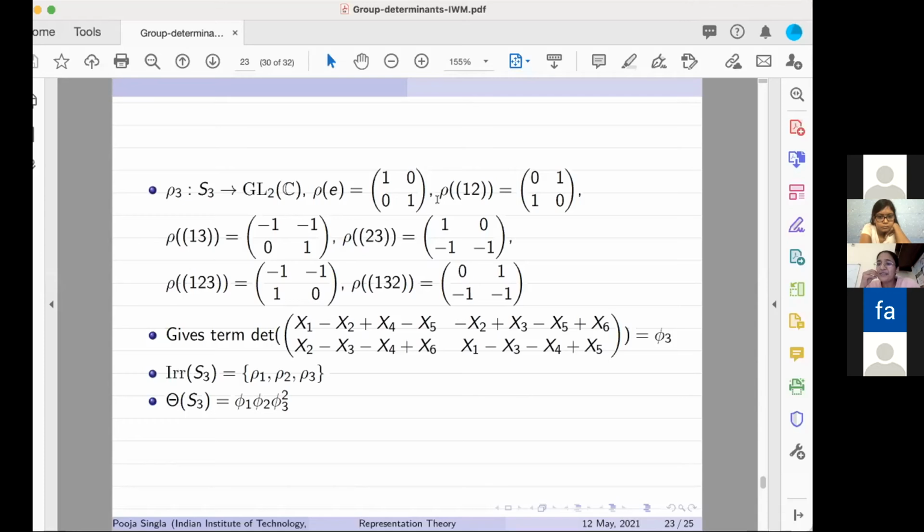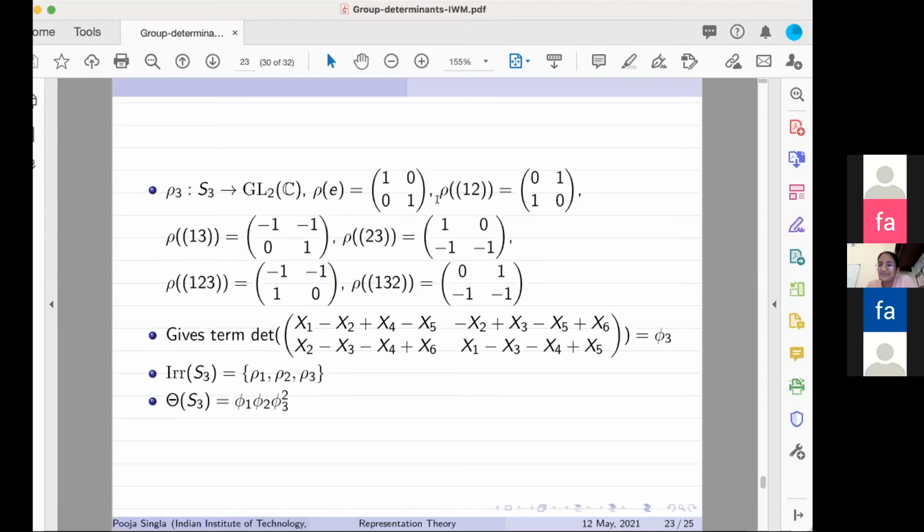For example, if I have H contained in G such that G is H cross K, and you do know the group determinant of H, then you can say something about the group determinant of G, but not complete information, because for that you need to know K also. In certain cases, if it's a semi-direct product, maybe you can say, but not always.